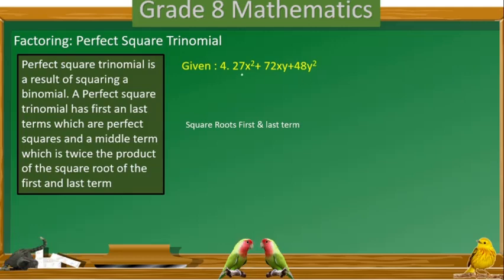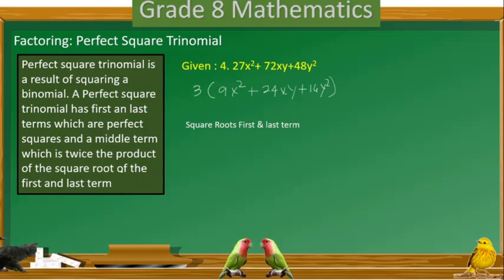So for 27, 72, 48, it is 3. Then 27 divided by 3, that is 9x squared. For 72, that is 24xy. For 48, that is 16y squared. Okay, that is now our basis.